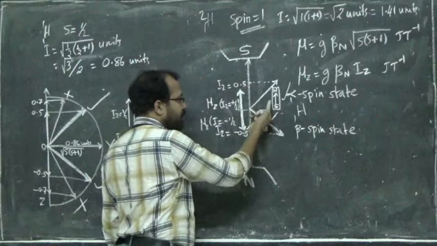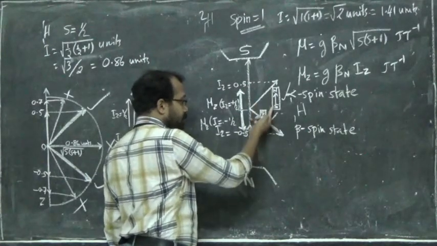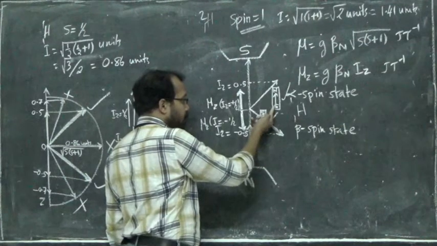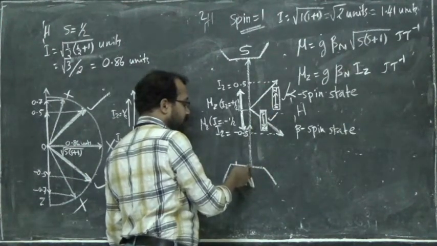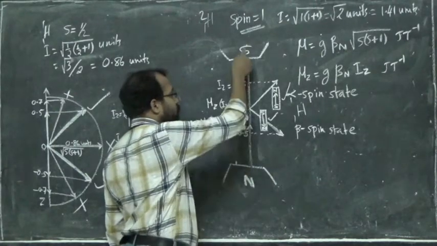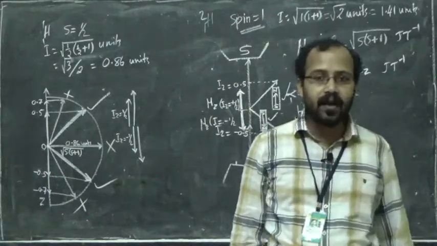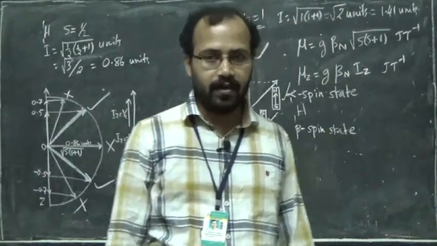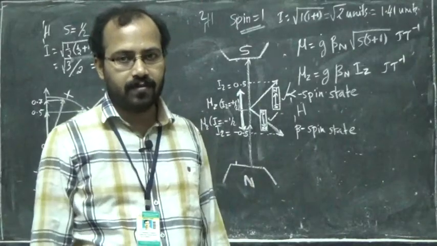You can look inside the magnet. The direction of the magnetic moment is from bottom to top, and the lines of force of the external magnet are also from bottom to top. It means that the nuclear magnet is oriented in line with the external field, in the same direction as the external field.